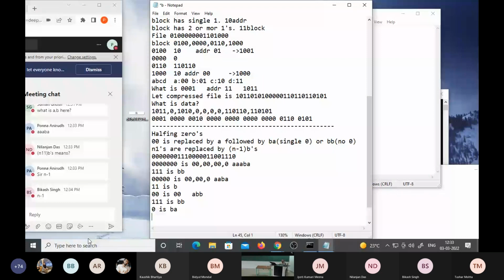We get A, B, B, B, A, B, then B, then A, B, B, then B, B, then B.